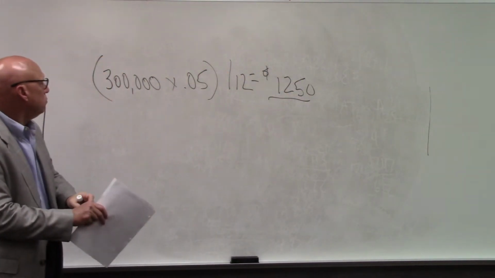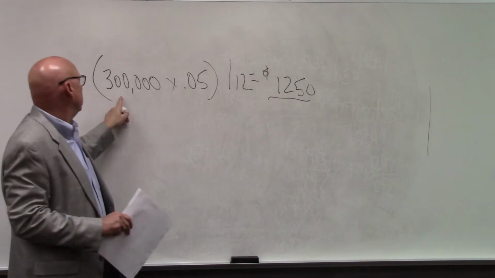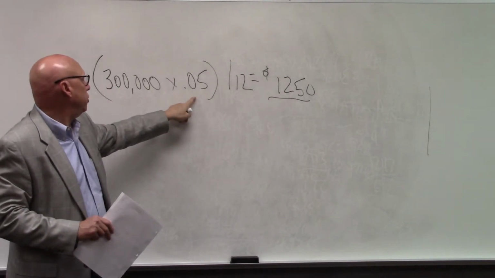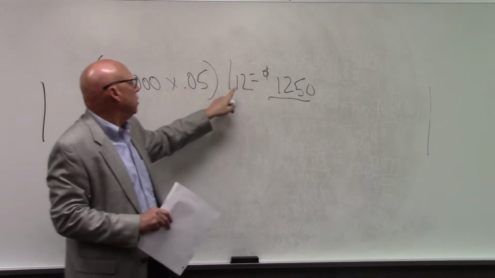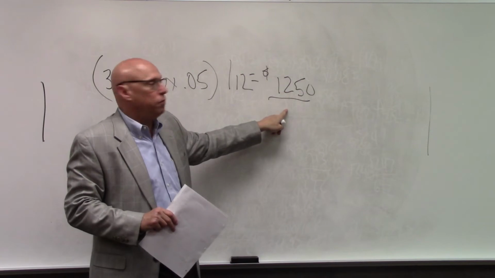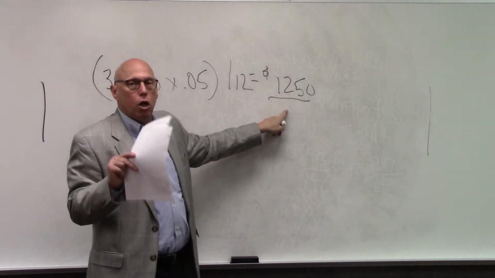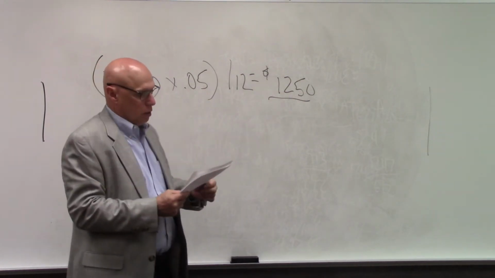Okay? So, looks like $15,000 a year, which is $300,000 times 5%, divided by 12, which is $1,250 a month. Interest only. You are not reducing the principal.